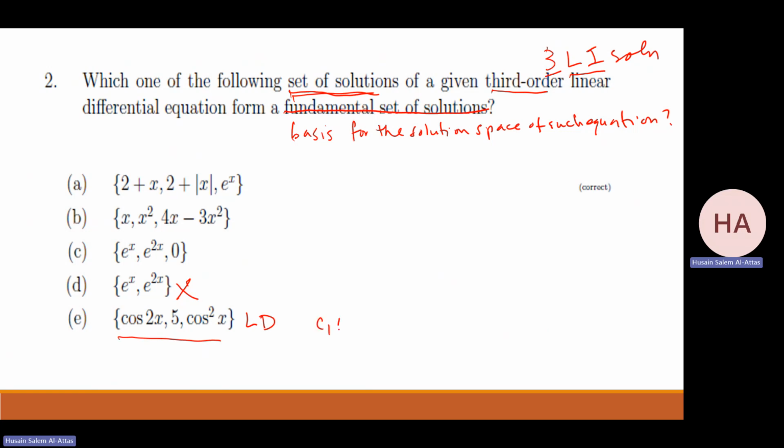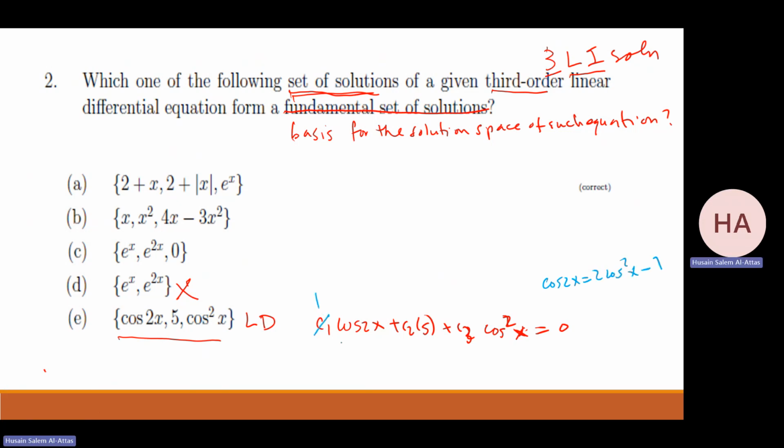I need C1 cosine 2x plus C2 times 5 plus C3 times cosine square x equals 0. I need to find C's, not all zeros, which I think I can do. Please note I have cosine 2x equal to 2 cosine square x minus 1.